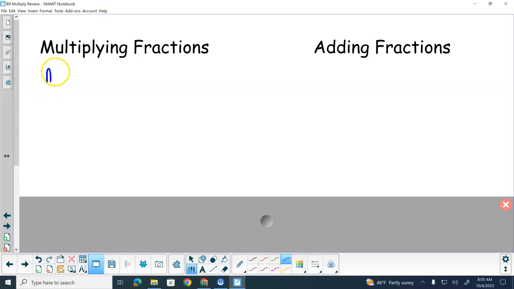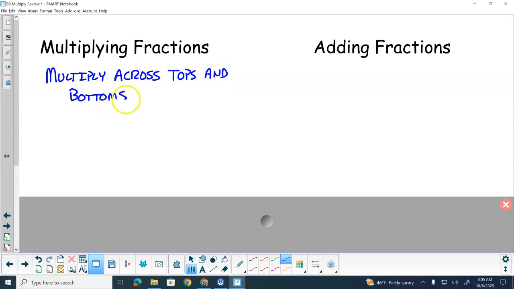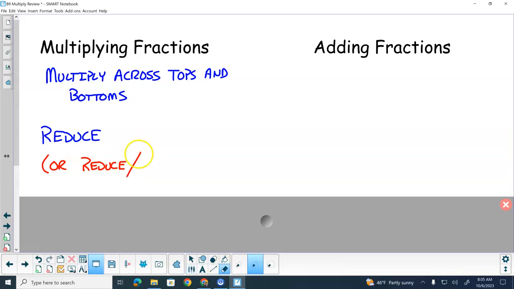We multiply across the tops and bottoms, and then reduce, or reduce, then multiply. Okay? So that's for multiplying fractions.